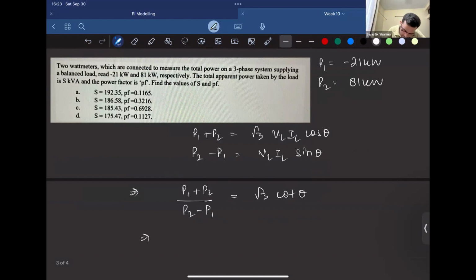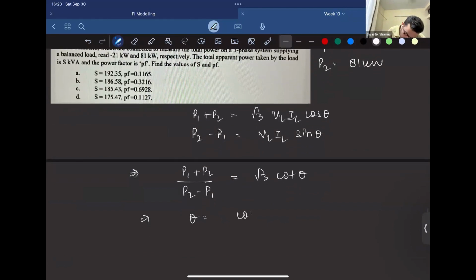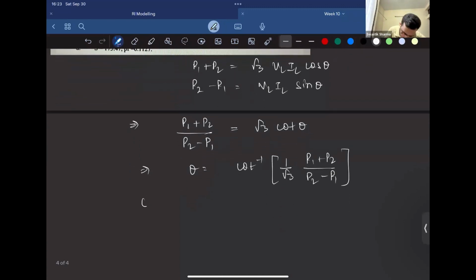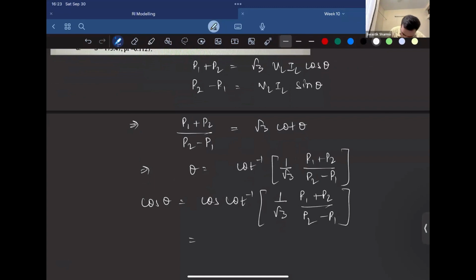So that means theta is nothing but cot inverse of 1 upon root 3 times (P1 plus P2) upon (P2 minus P1). We are required to find cos theta first. So cos theta is cos of cot inverse of 1 upon root 3 times (P1 plus P2) upon (P2 minus P1). If you plug in these values, you'll get, let's do it.